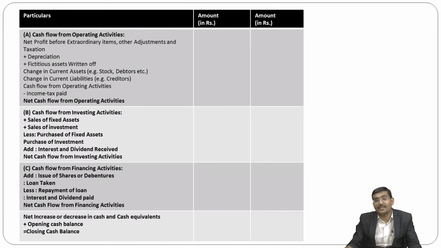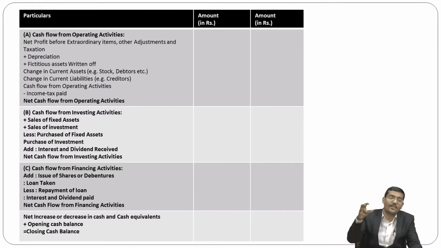For that, this is the particular statement in the indirect method that justifies the cash flow. With respect to that, let us understand this statement under the indirect method of cash flow.